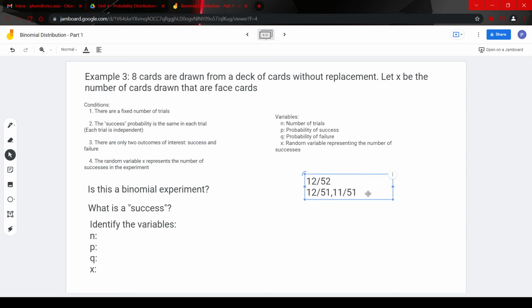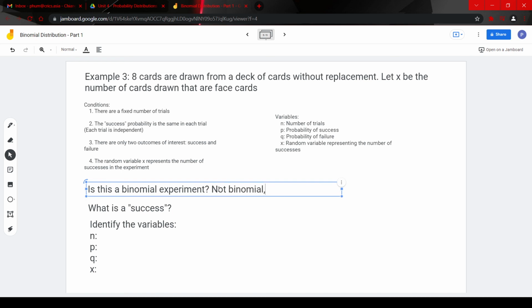So in this case, because the probability is changing each time we draw a card, these are dependent. So in this case, it is not a binomial experiment, because it did not fulfill condition number 2.